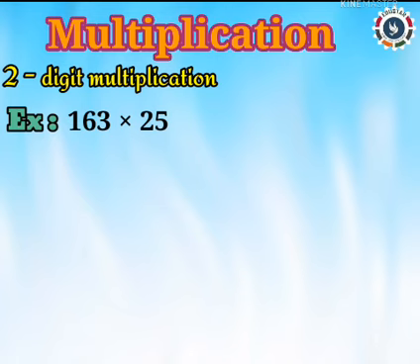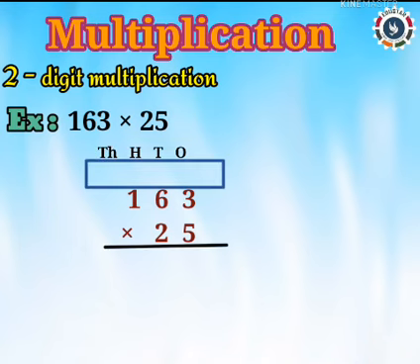For example, 163 into 25. Here 163 is 3-digit number, 25 is 2-digit number. Arrange the numerals as shown according to the place values. First multiply 163 by 5. 5 3s are 15. Write 5 under 1's column.